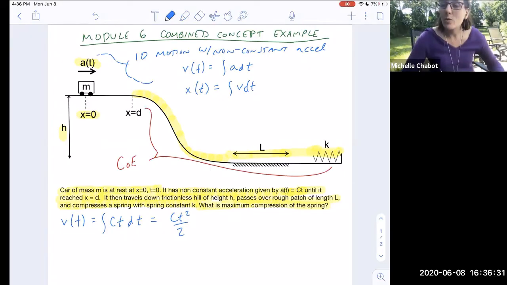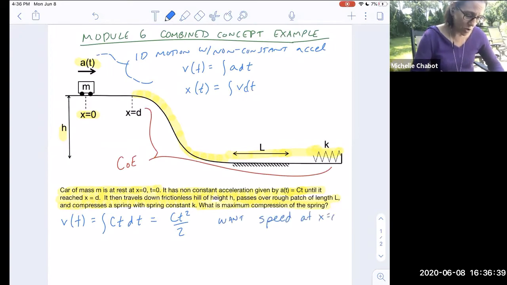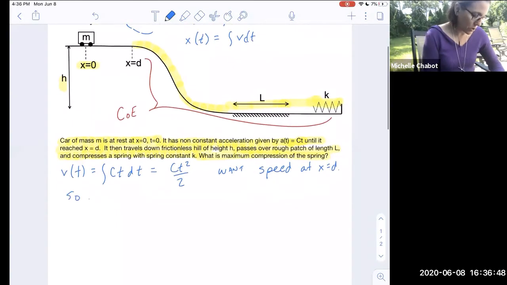And then the question is, in order to do energy, we want the speed at x equals d. So how are we going to get the speed at x equals d if we don't know at what time it's at x equals d? So we need to know the time it is at x equals d.